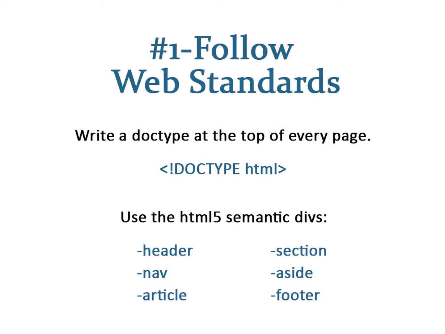Number 1, follow web standards. Write a doctype at the top of every page. Open tag, exclamation mark, doctype, space, HTML, closure tag. Use the HTML5 semantic divs. Header, nav, article, section, aside, footer, and more.